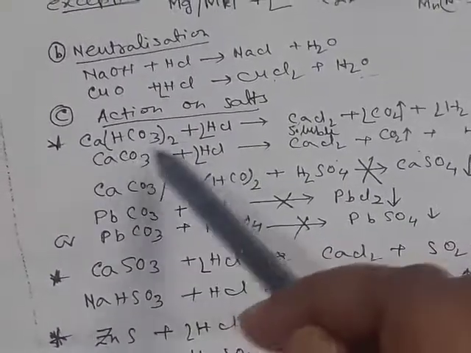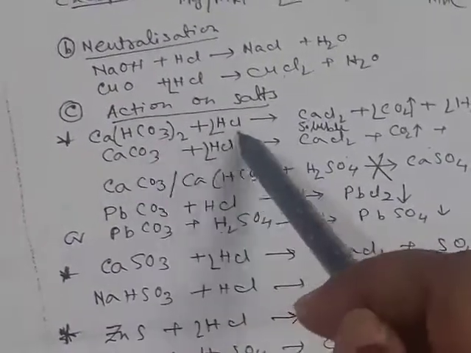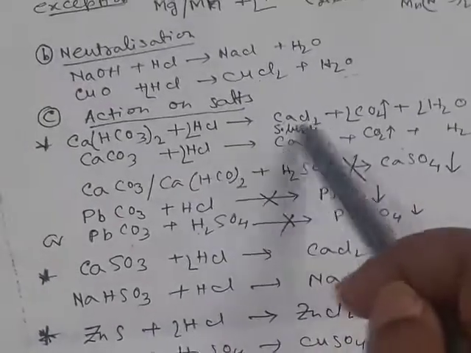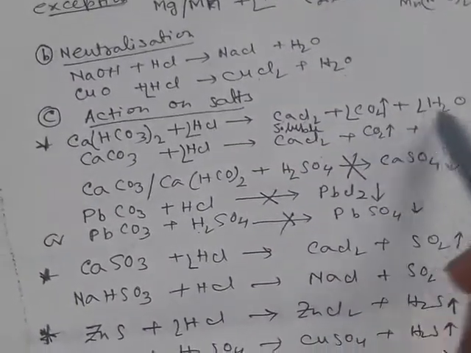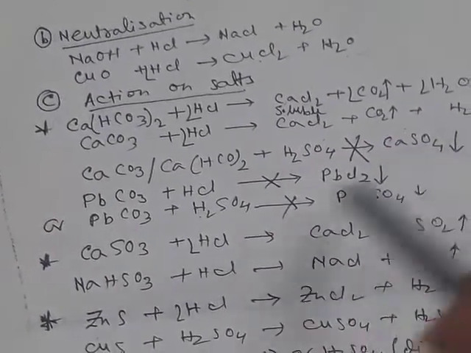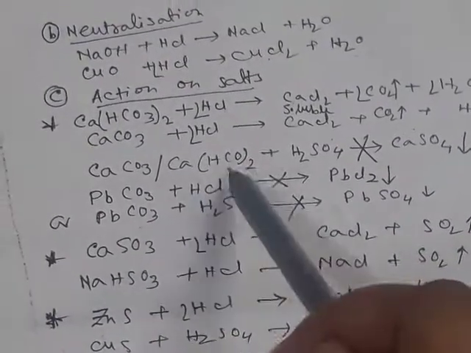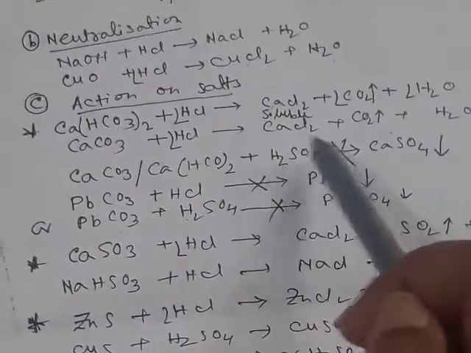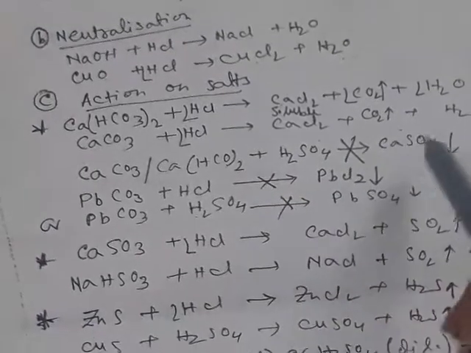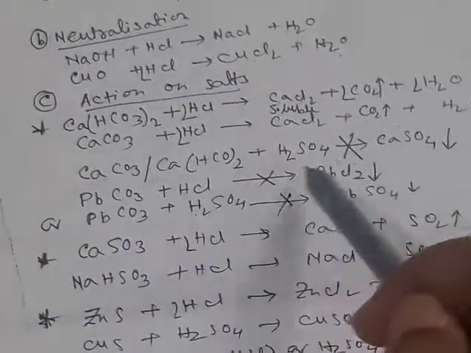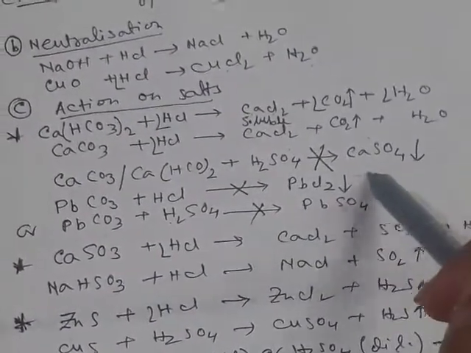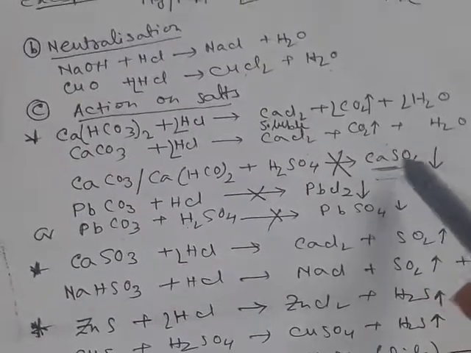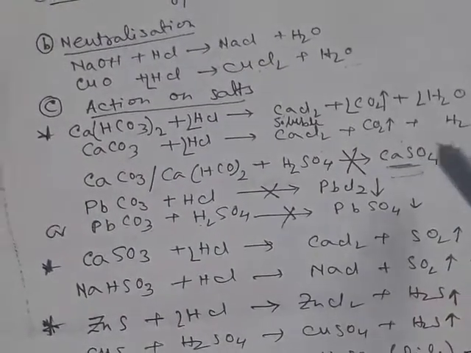For example, calcium carbonate reacts with HCl, there is formation of calcium chloride, carbon dioxide and water. But calcium carbonate or bicarbonate, when reacting with H2SO4, will show no reaction, because calcium sulfate is formed which is insoluble, so this is precipitated out, then the reaction will stop.